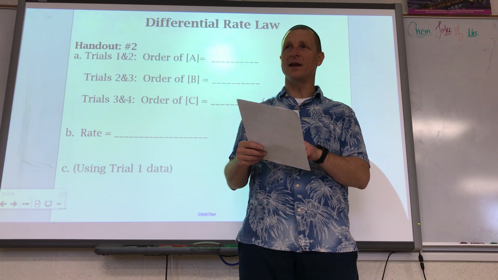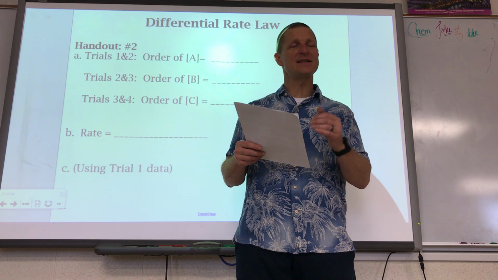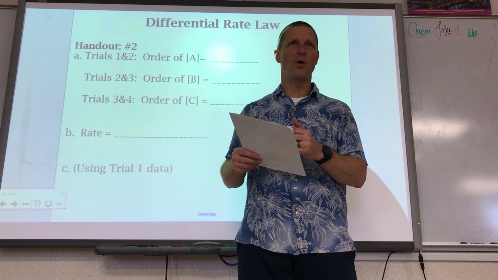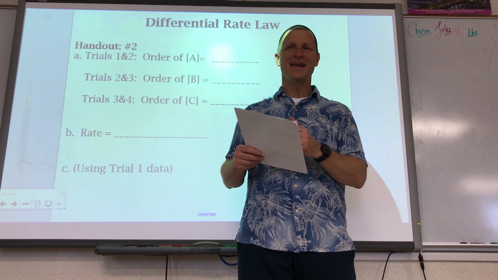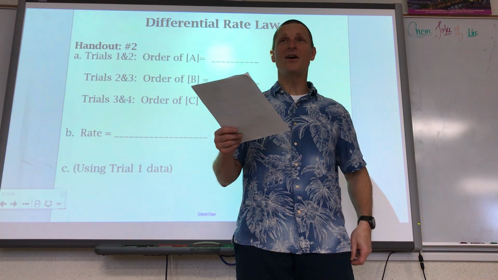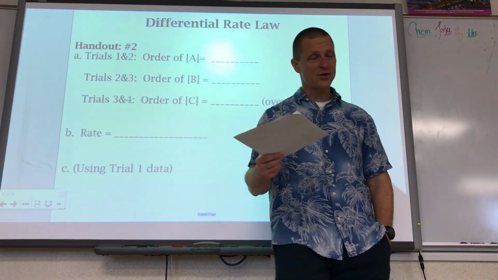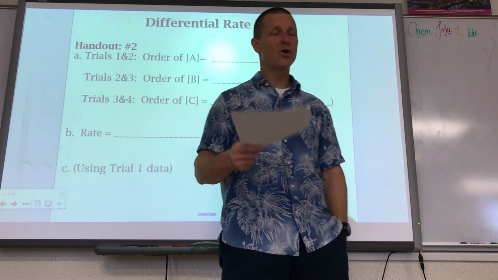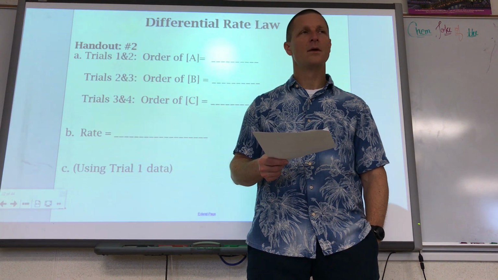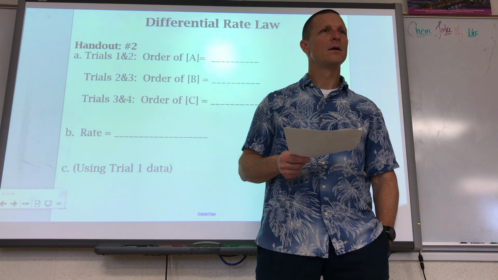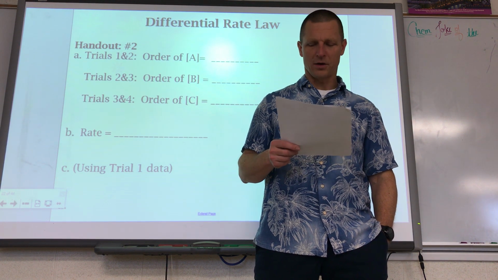What's happening to the rate? Well, everything else is staying constant. A triples, and the rate does what? Can you tell? If it's not clear, then grab your calculator and divide the rate from trial 2 by the rate from trial 1. Go ahead, I'll wait for you. Look at the power on the 10.